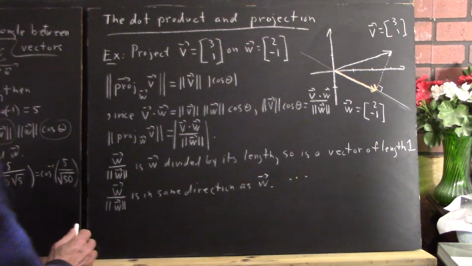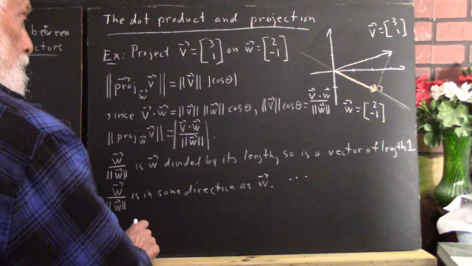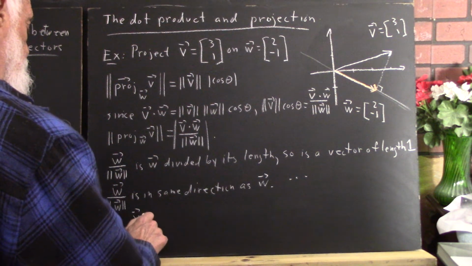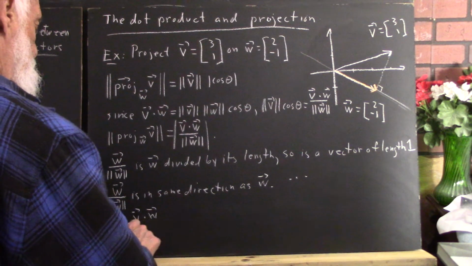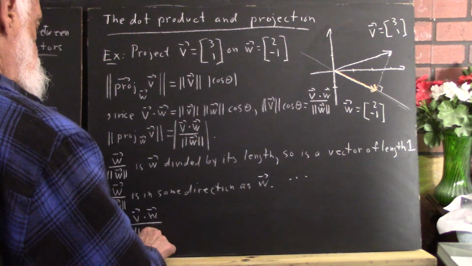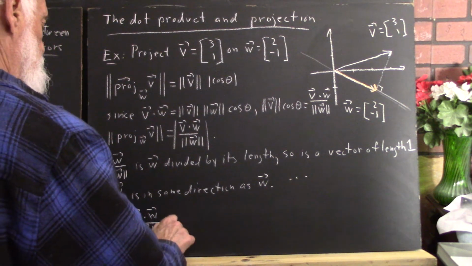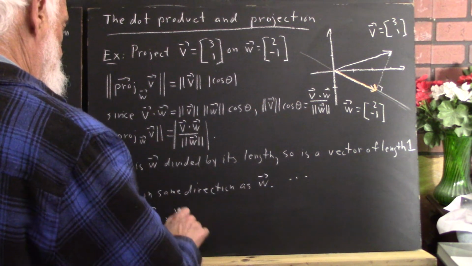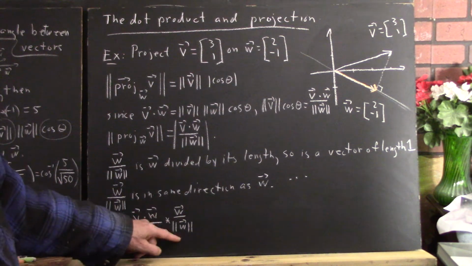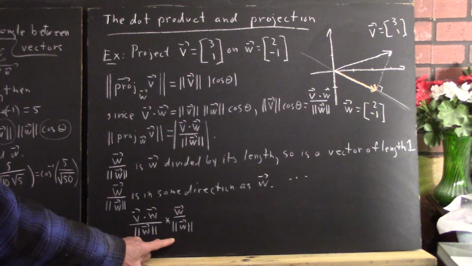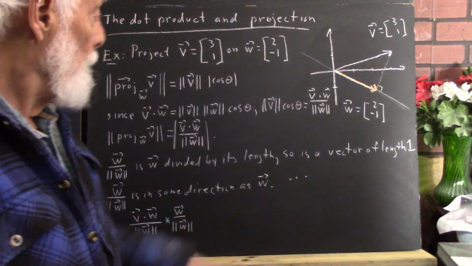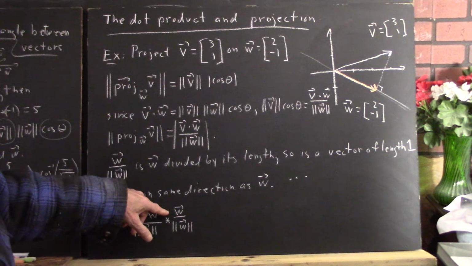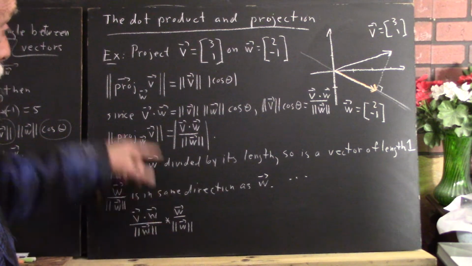There are a few things to be filled in, but I can say that if we multiply this vector, this unit vector, this vector of length 1, by this quantity V dot W over magnitude of W, we get a vector in the direction of W whose magnitude is that of the projection.